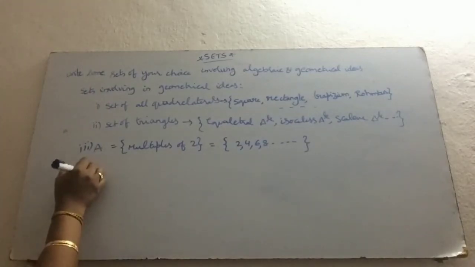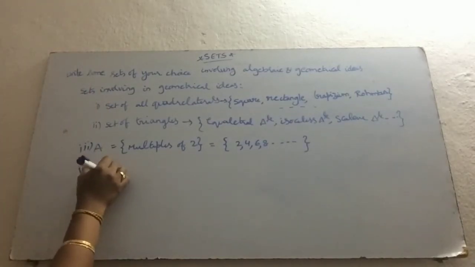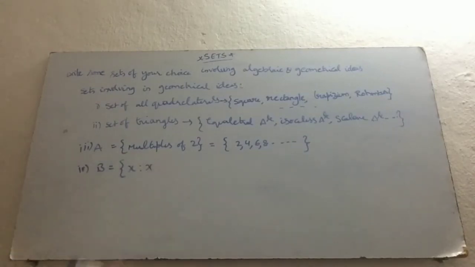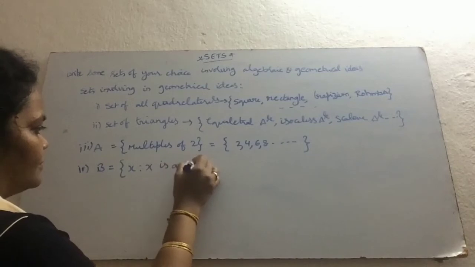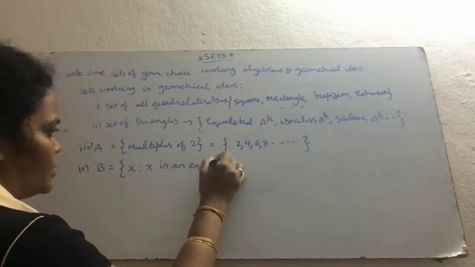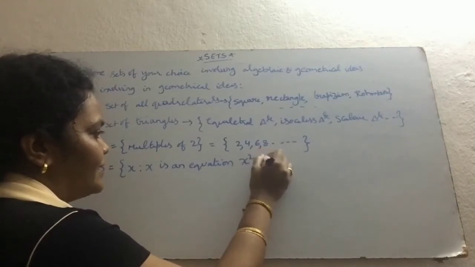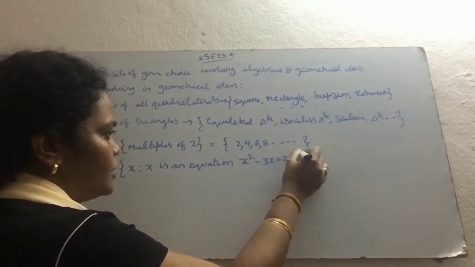And one more example, B equal to x such that x is an equation, x square minus 3x plus 2 equal to 0.